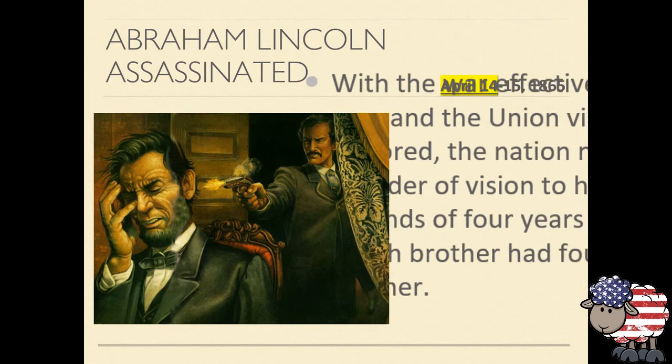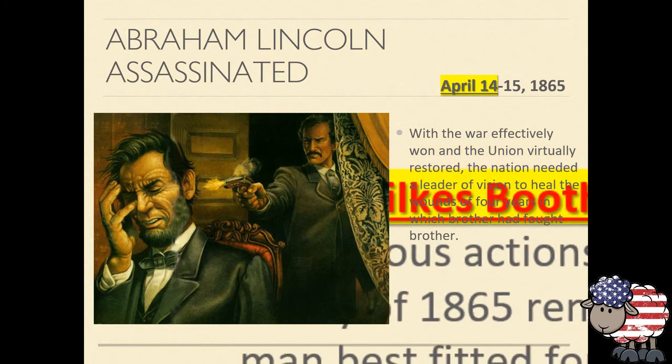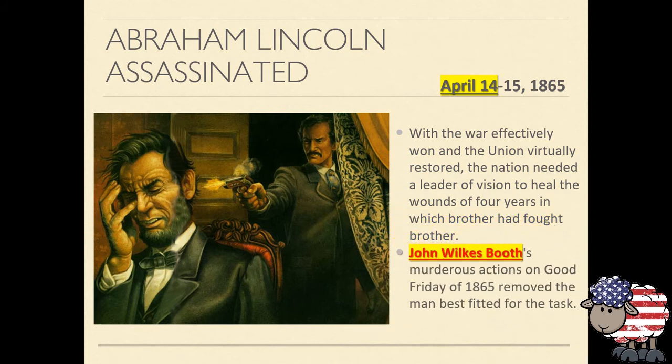The leader of the nation, to help get the United States through, is now dead. John Wilkes Booth shoots him on Good Friday. Removed Abraham Lincoln, the best man fitted for restoring the United States. After the war, he had a more moderate plan, and we'll go through this during Reconstruction.